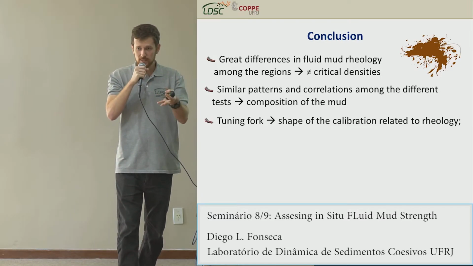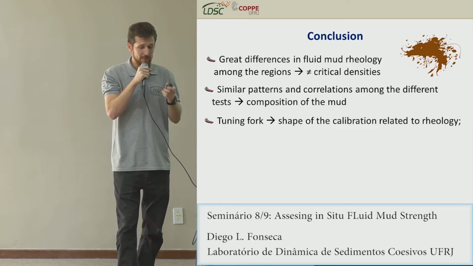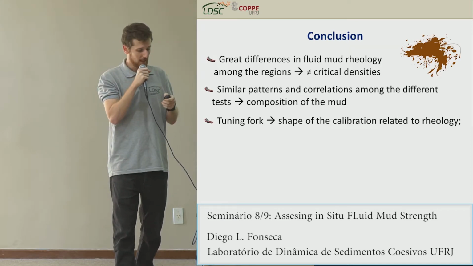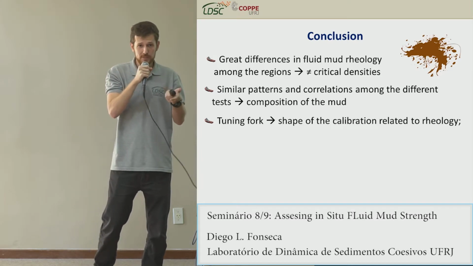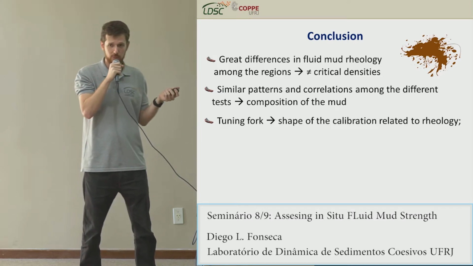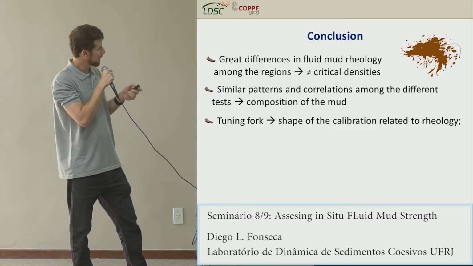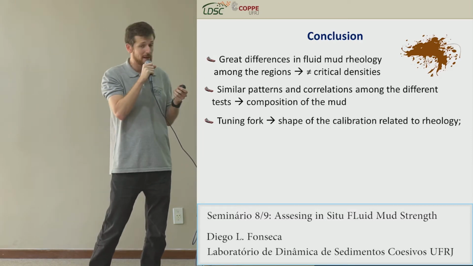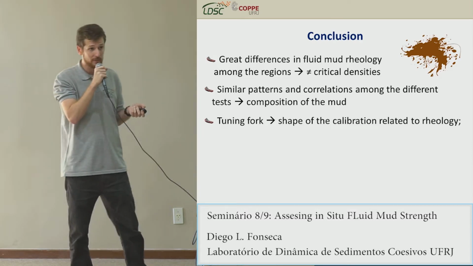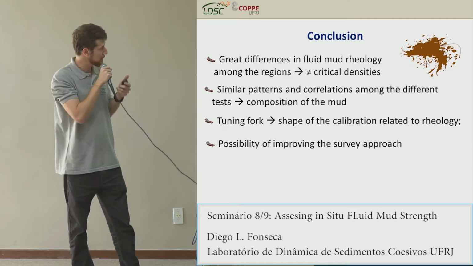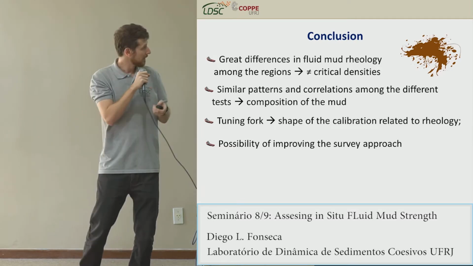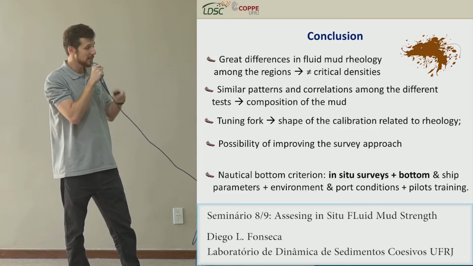Now we are just addressing the differences we observed, and our second step is to analyze which parameters produce these differences we showed. And for the tuning fork, the shape of the calibration domain is indeed related to the rheology of the mud. So there is a really great opportunity for improving the survey approach and shortening it.